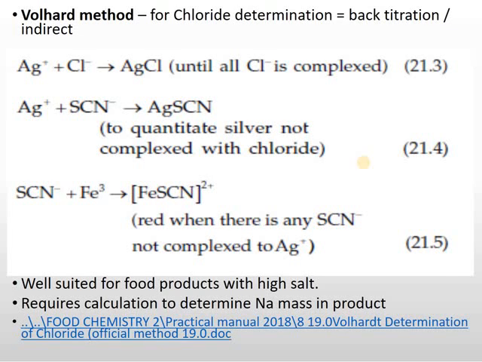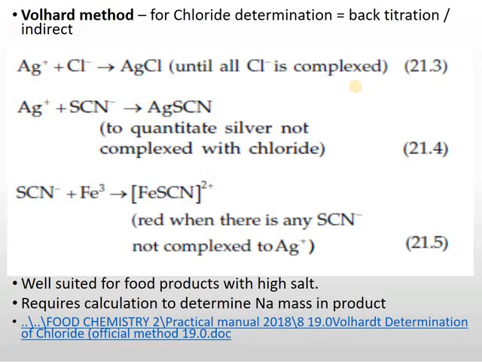So the steps here would be, you have your sample that is in liquid form, and then what happens is that you add your excess volume of silver nitrate in there, and then you boil it, and in that way the silver nitrate will then obviously react with the sodium chloride. So in terms of the principle, it follows more or less the same principle as the Mohr's method.